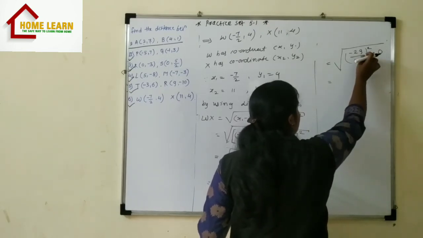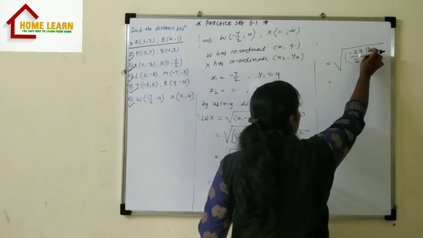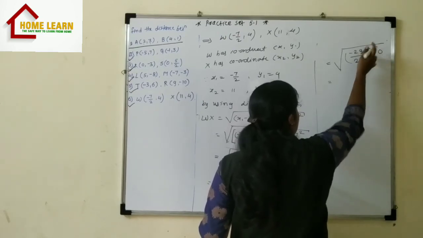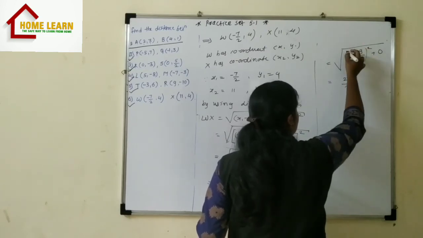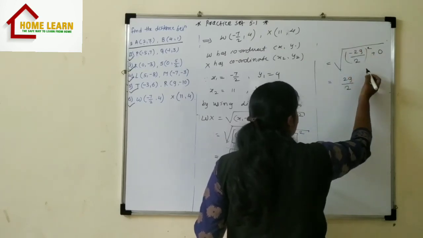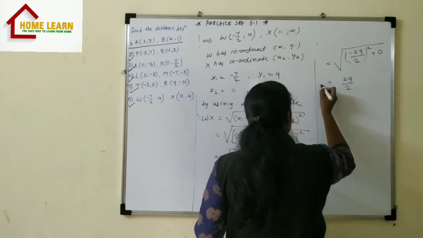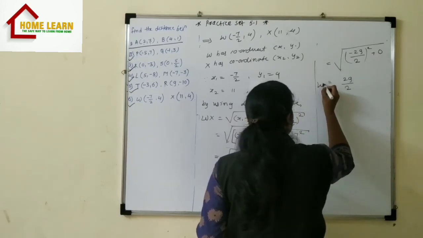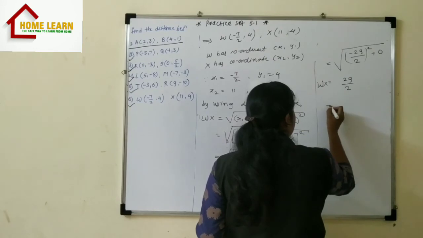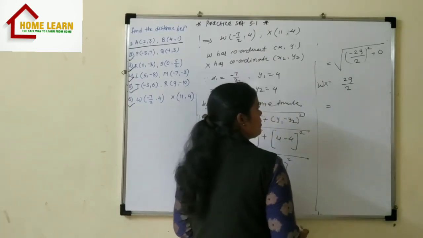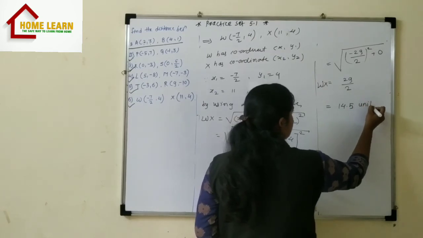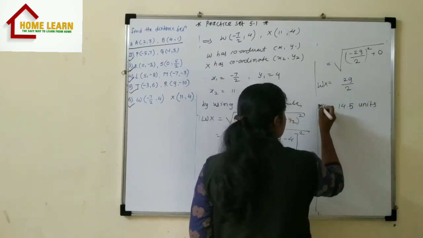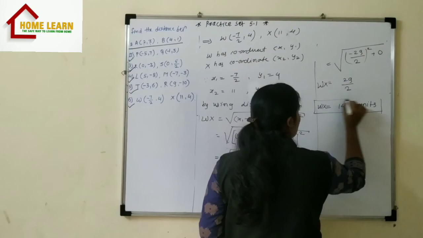Now we know that the square is a positive term, so by taking the square root we get 29 upon 2, plus 0. So this is the distance between points W and X, or you can write this answer as a decimal, 14.5 units. So the distance between points W and X is 14.5.